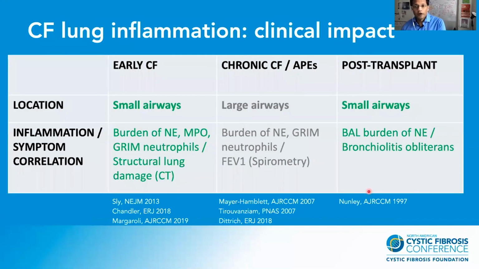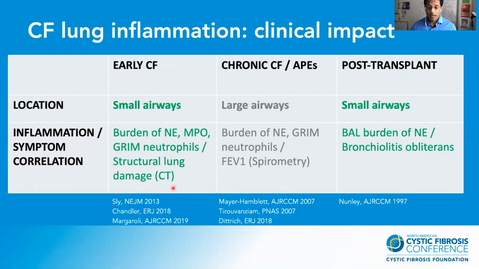So now that we've got that established, how is it really impacting the health of the patients? What we know now after years of clinical studies is that the burden of elastase and myeloperoxidase in early CF, chronic CF, APEs, and even post-transplant is linked to pathology.